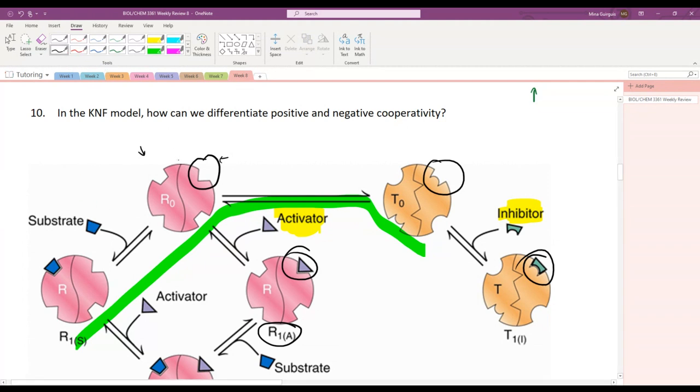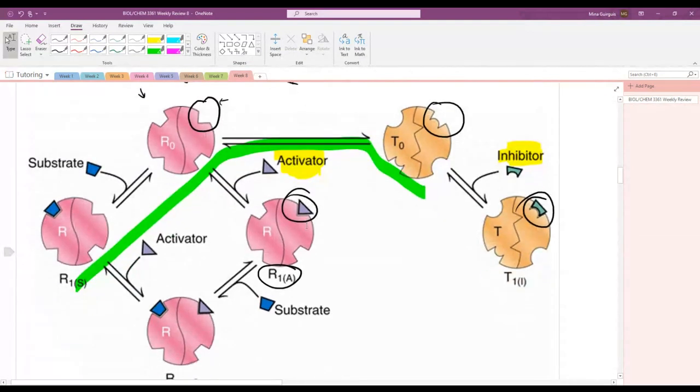So when I do that, once again, my concentration of R0 decreases. Le Chatelier's principle is going to cause a shift to the left. So that's how, under MWC, you can show positive cooperativity. Negative isn't easy to show at all, and that's kind of why people realized the MWC model can't describe everything. Okay, and that's what pushed for the idea of the KNF model.